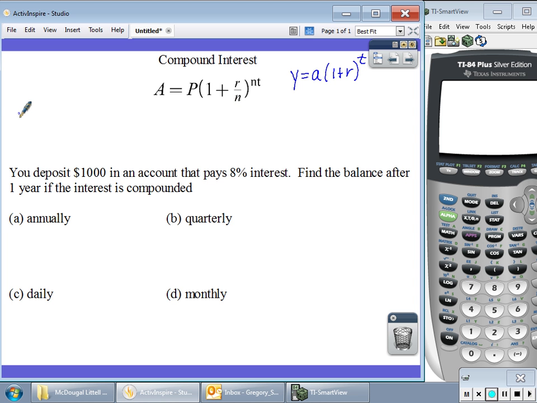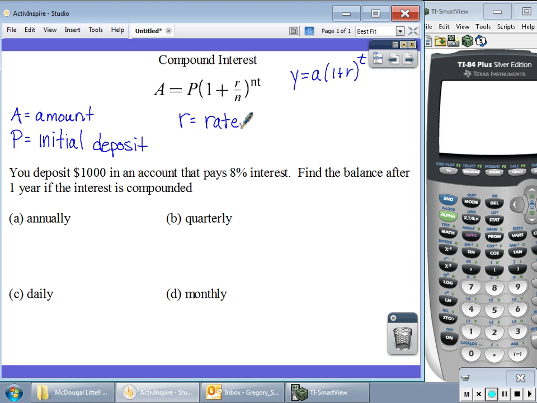So one more time, A is just an amount. P in this case is an initial deposit, typically when you're working with compounded interest, because interest involves things like banks, certificates of deposit, things like that. R is a rate. It'll give it to you as a percent.